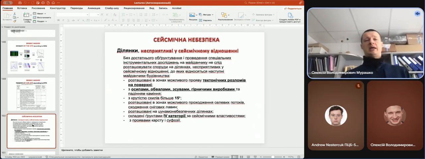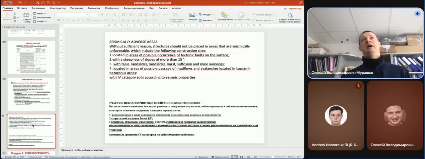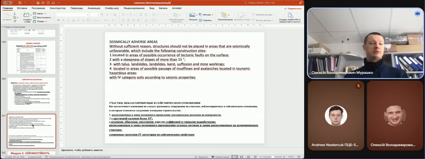So the next case which we have considered is unfavorable, in seismic relation, construction sites or seismic adverse areas, and we have discussed the list of sites where it is not recommended to build with taking into account seismic impacts. When we have significant seismic faults, tectonic faults on the edges of tectonic plates, it's not a good place for construction. It's where we have huge mountains or Grand Canyons or something like that.